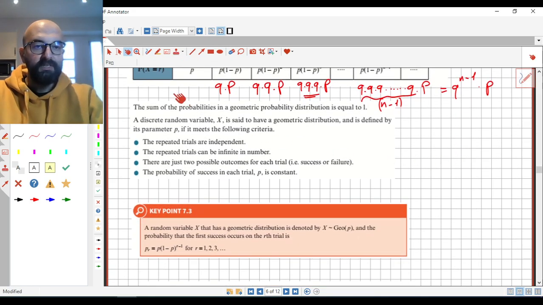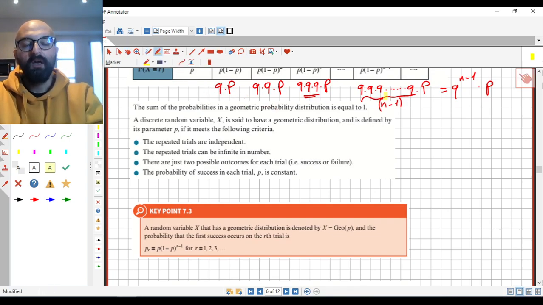Please notice how you can be aware when you want to solve a question regarding the geometric distribution. Firstly, you have to notice that the repeated trials are independent. For example, the first one and the second one don't impact each other.